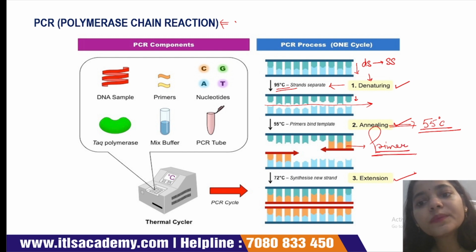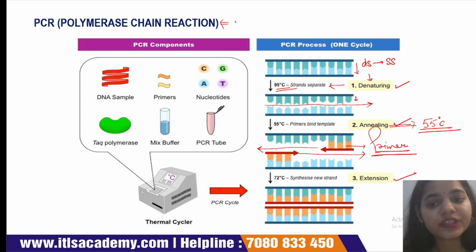We use two types of primer. The first is a forward primer, the second is a reverse primer. The forward primer helps the synthesis of DNA in the forward direction, and the reverse primer helps the synthesis of DNA in the reverse direction.